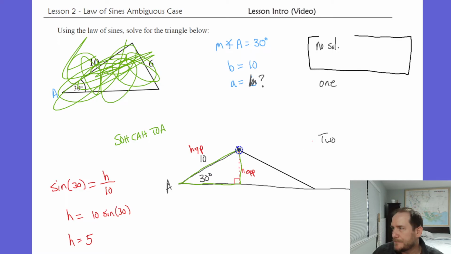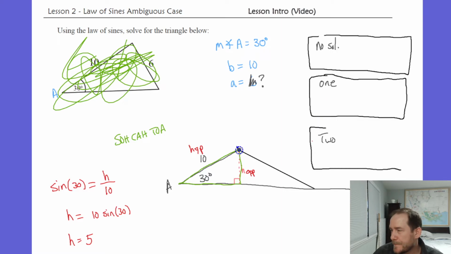So let's do that. Since we have figured out that this little height is 5, we can see that the only way to get no solution would be if our A value was less than 5.